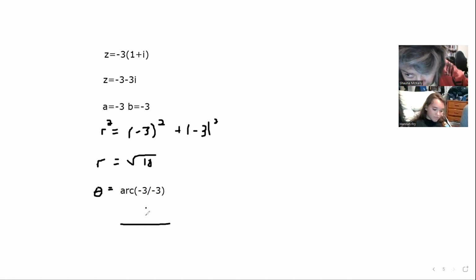So here's my picture. You don't have to graph it. I'm just using it as a visual aid to help you. This is where your angle is. That's where your angle is. What the calculator is giving you is this thing up here, right here. Okay, so it's going to give you 45 degrees. The arctan of 1 is 45 degrees. You don't want that. You want 45 degrees in quadrant 3.